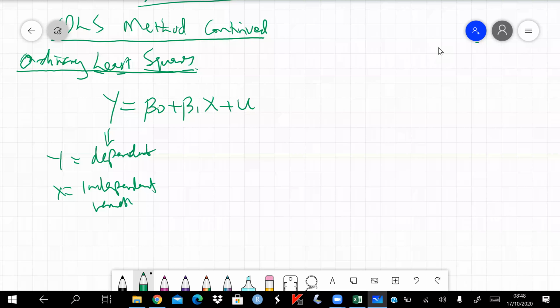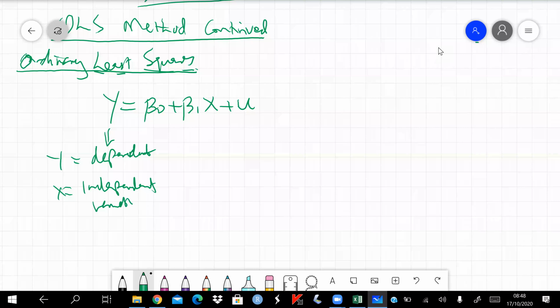That means the ratio of unexplained variation divided by the total variation should be as small as possible. So you want to make sure that whatever remains here is minimum.